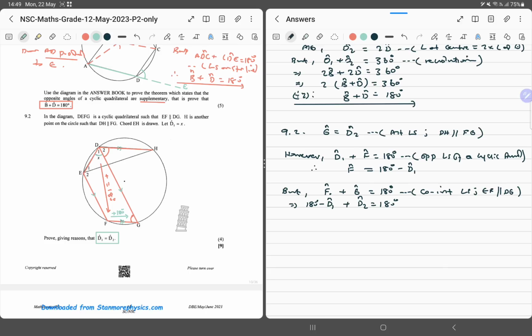We can see that these terms cancel each other, and as we transpose the other one to that side, D1 is equal to D2. That is by the elimination technique. Because minus D1 plus D2 gives us 0, it means those two are equal.